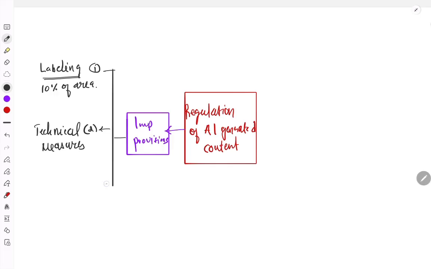In case of violation of such a provision, there will be action by the government against such social media intermediaries, and in that action the legal immunity given to these platforms or social media intermediaries can be taken away. If you remember, in yesterday's article we discussed the safe harbor rule.